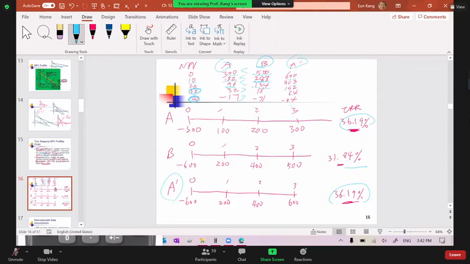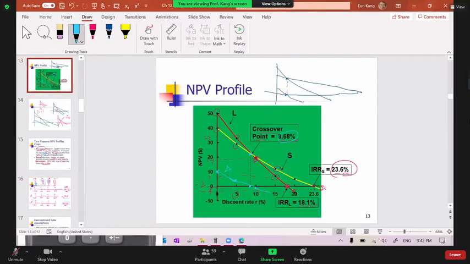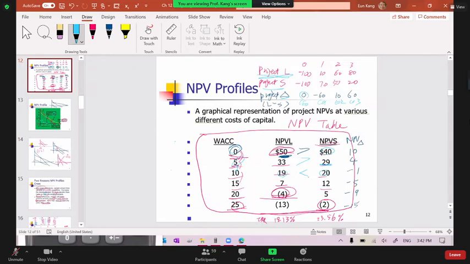But for project L and S, right? It's a timing problem. L has big cash flow at the end, but S has big cash flow in the beginning. So if the discount rate is small, L has $10 more, like 10 plus 60 plus 80 is 150, versus 7 plus 50 plus 20 is 140.